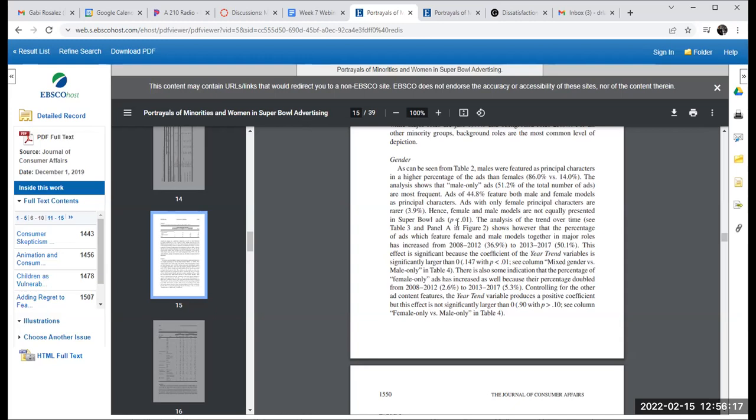So p is less than 0.01. Is that small enough to reject the null hypothesis in this class? Or anywhere, actually. Yeah, the answer is yes. So first thing I told you in our class, the lowest number we'll use is 0.01.